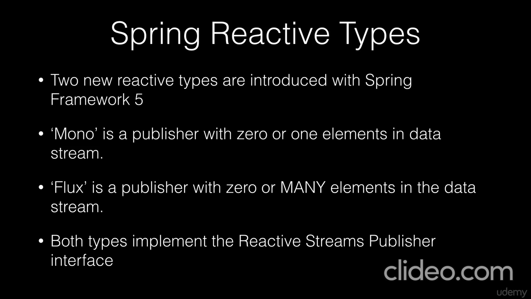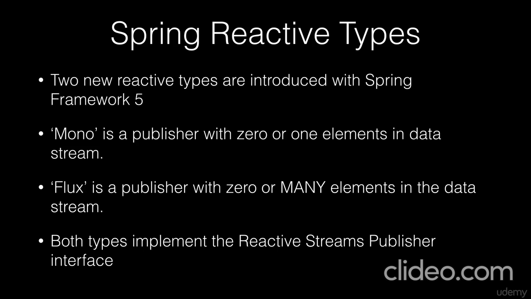And I want to point out that both of these types implement the Reactive Streams Publisher interface. And I expect that you can probably work with just about any publisher inside of the Spring Framework web APIs, but we are going to be focusing on using the Mono and Flux data types and setting up our Spring controllers now.